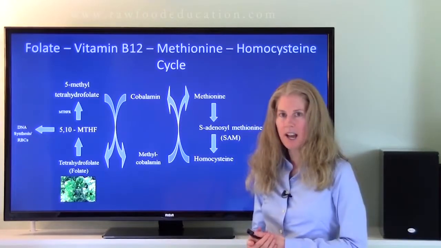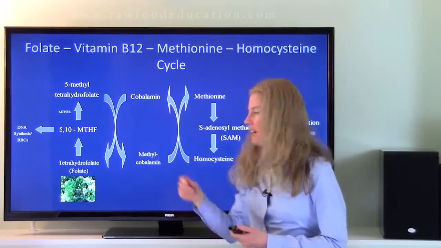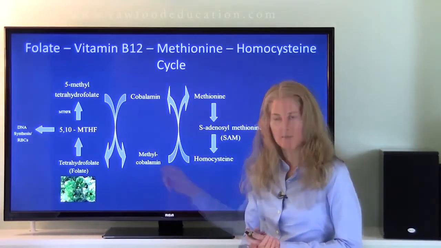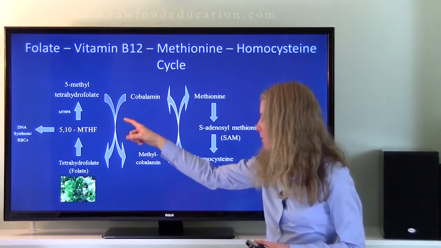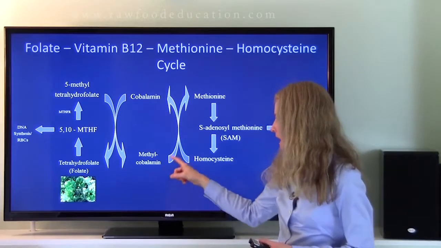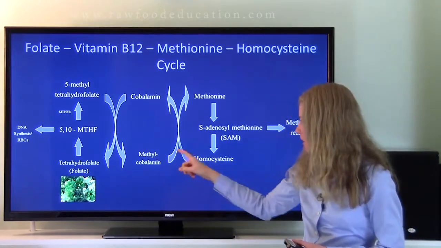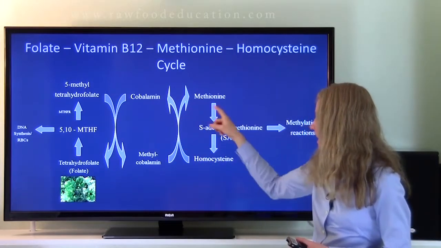It's important to point out here that this form of folate, 5-methyl tetrahydrofolate, has a methyl group on it. And what happens next is very interesting. This methyl group is transferred to cobalamin to form methylcobalamin. And then that same methyl group is transferred to homocysteine to form methionine.